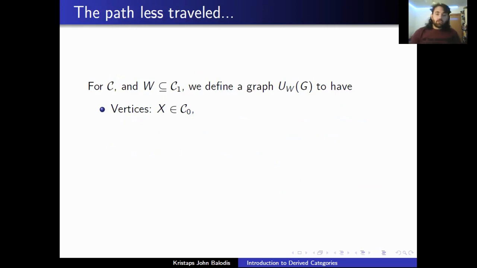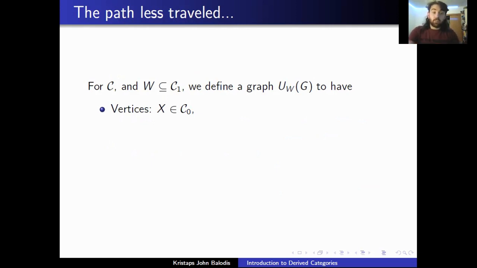Okay, so on this path of trying to invert quasi-isomorphisms, or just some collection of morphisms W. Now, you'll notice on the screen, this isn't really the best notation. It looks like I've written W as a subset of the morphisms of the category. I suppose here I should explain myself.